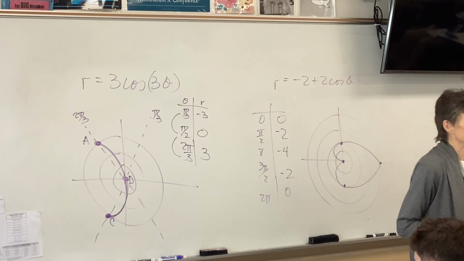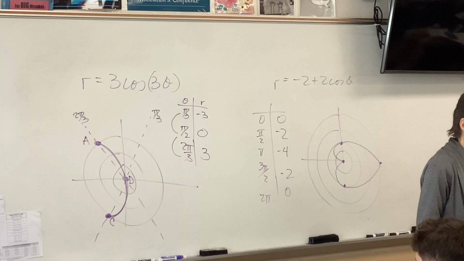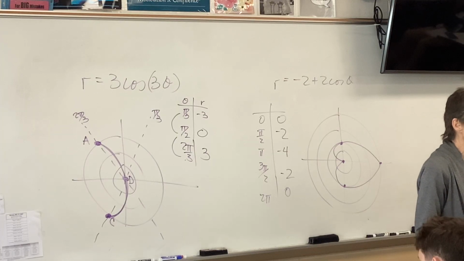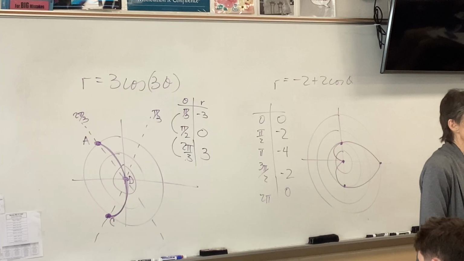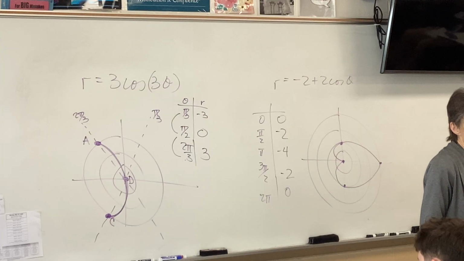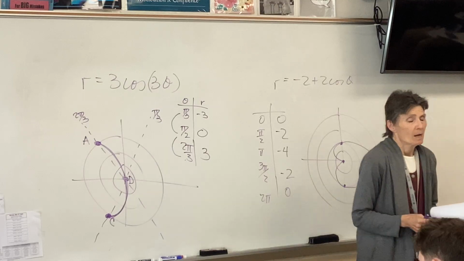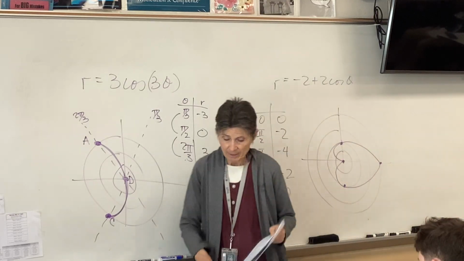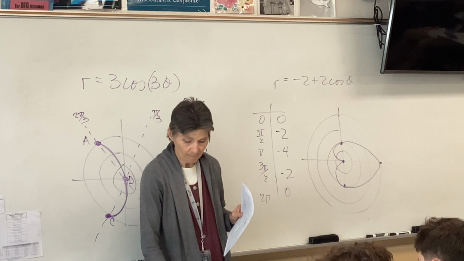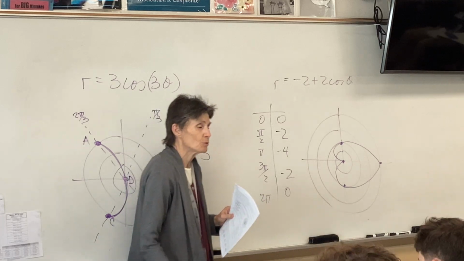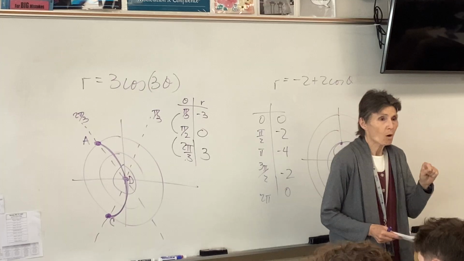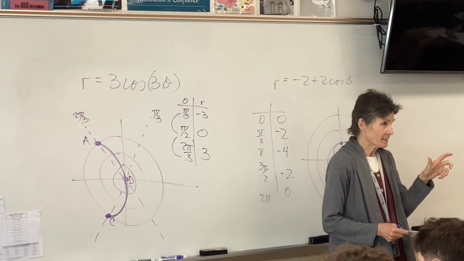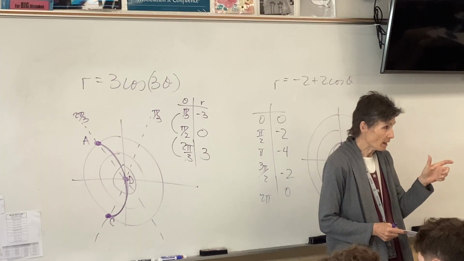One thing that is, I think, very helpful. 315 is about how polar graphs are changing. And again, this is my own personal thing, it doesn't have to be how you approach it, but I often will draw the corresponding rectangular graph.